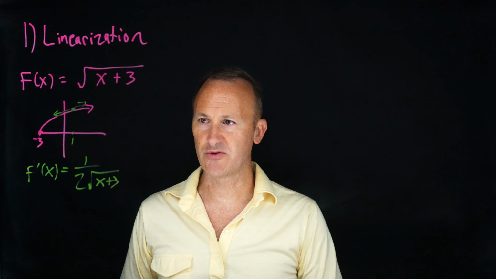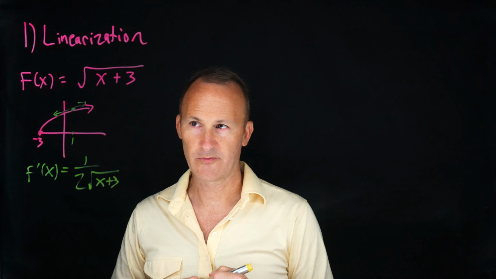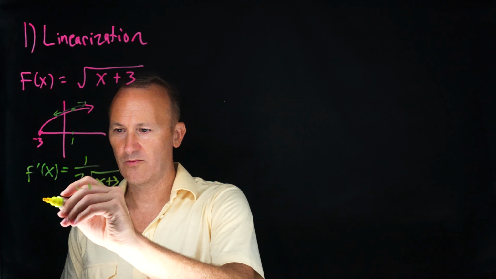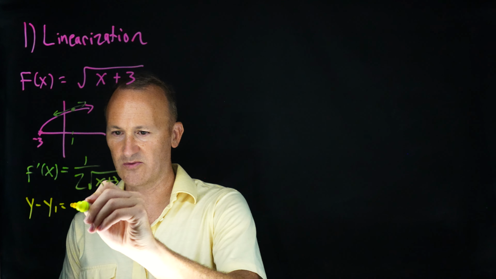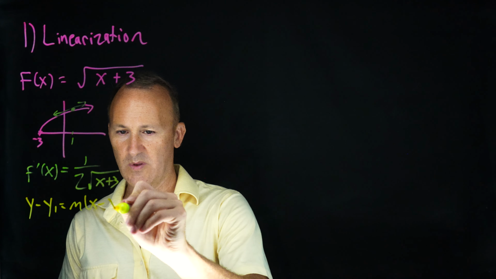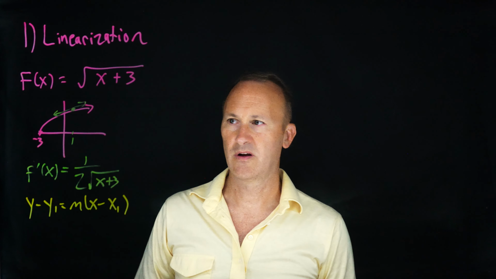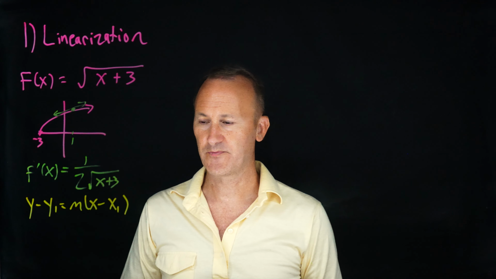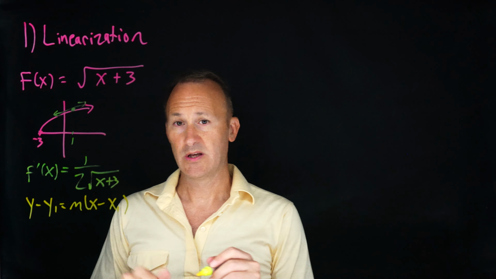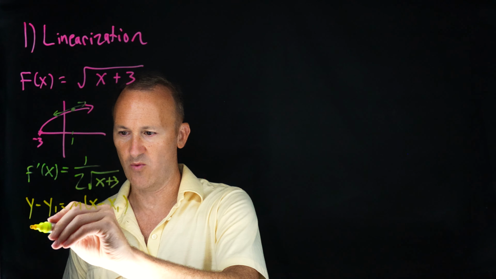So what we're going to do is approximate the actual function. And so we're going to use y minus y1 equals m times x minus x1. And we're going to use this point 1, 2, right? When x is 1, y is 2. Now, in the linearization approximation, you're approximating y.